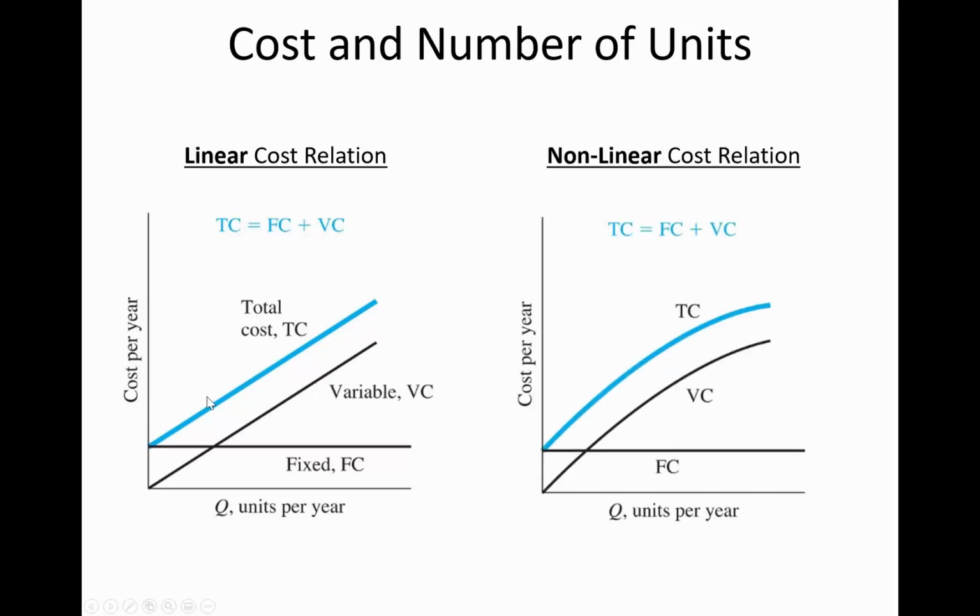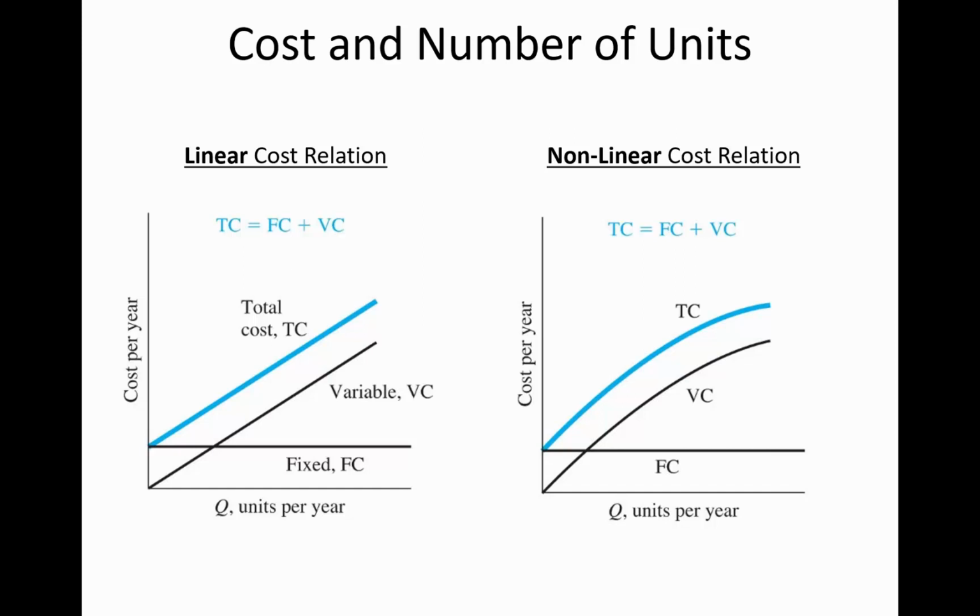Sometimes the cost relationships are nonlinear. And think about what's implied by the shape of this curve. What was implied for a linear cost curve is that your variable costs per unit don't change whether you're making 1 unit or 1,000,000 units. But in reality, that's not generally true.